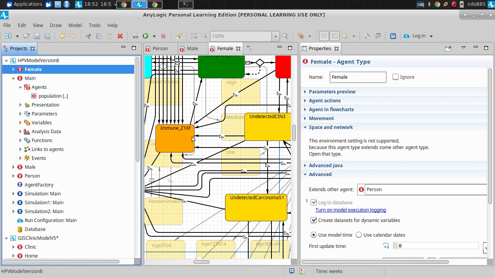It's reused across a lot of subclasses. Again, you have one place to go to fix the smoking state chart, not many places. Okay? And for something that operates on a person, you could pass it a female and it'll be fine. You could pass it a male, it will be fine. But there'll be some things that you have to be male to do, or some things that you have to be female to do.